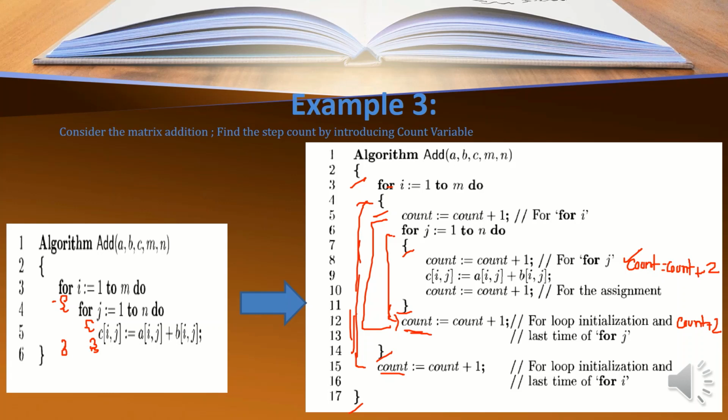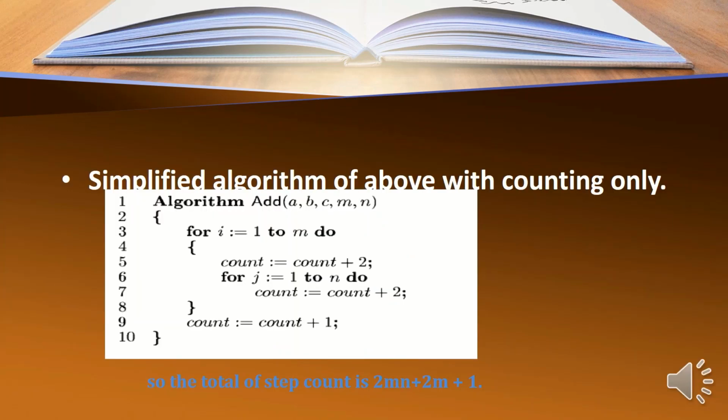Let's see the simplified version of it. You can see here count equal to count plus 2 for this, and then the innermost one for this for j, count equal to count plus 1, then outside. So how many times does this get executed? Let's check that. This particular count executes twice, but within the for loop it gets executed m times. So 2m times this particular line gets executed. What about this?